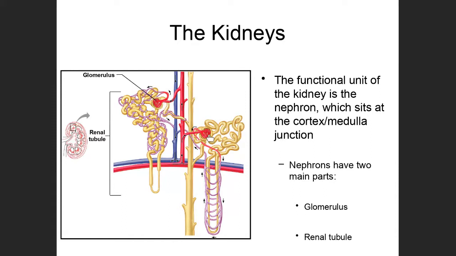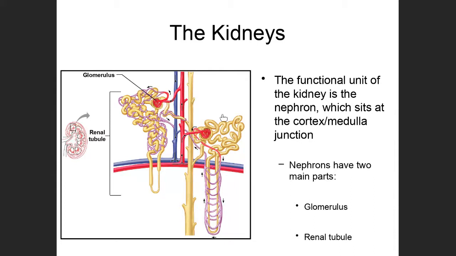And basically, everything that gets filtered out of the blood makes its way into that little Pac-Man-like mouth and then through this twisty tube that twirls around, dips down for a moment into the medulla, comes back up, becomes really twisty again, and then moves into this structure here.